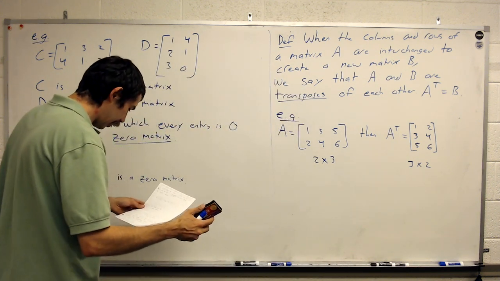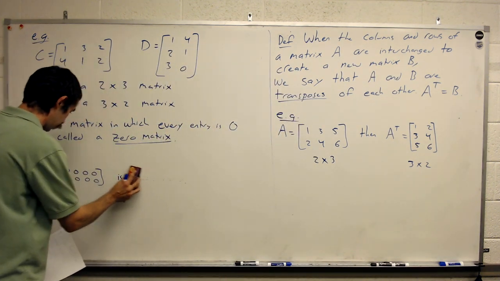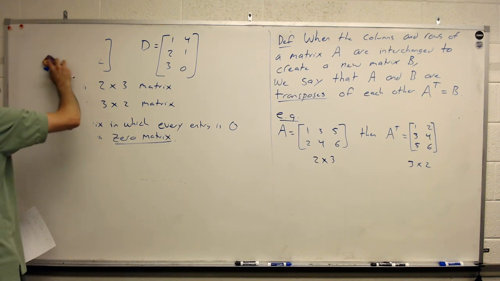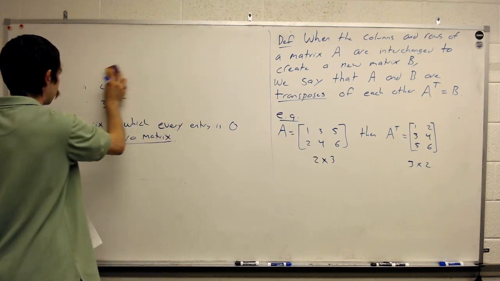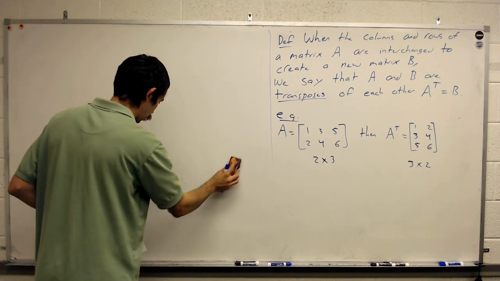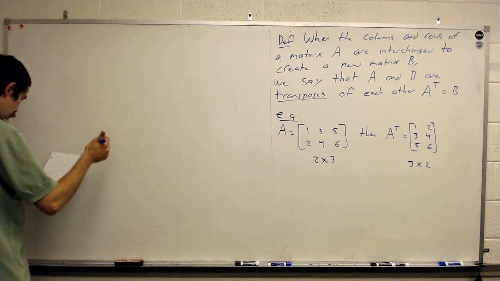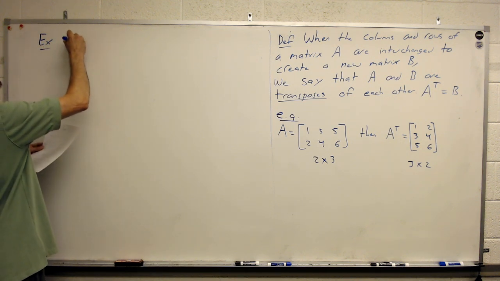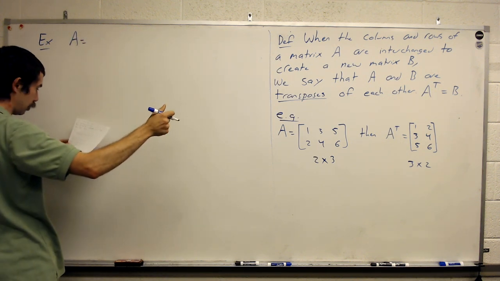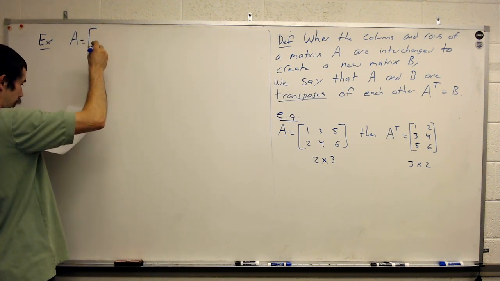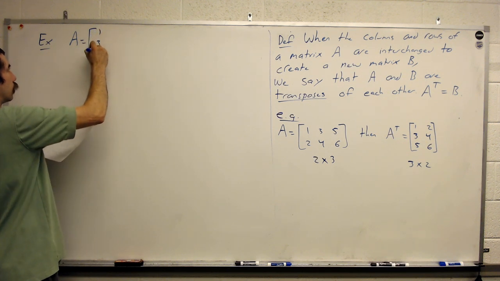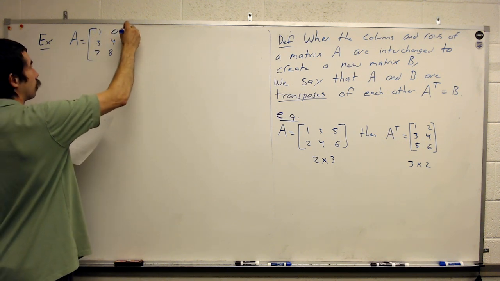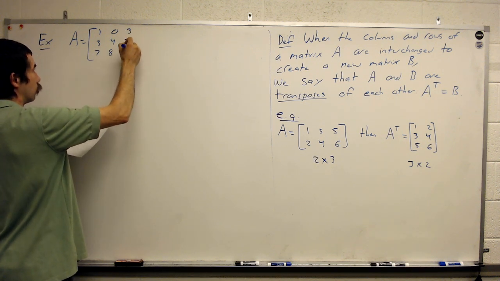All right, let's take a look at an example. All right, so A is going to be the following matrix. 1, 3, 7, 0, 4, 8, and 3, 2, 3.